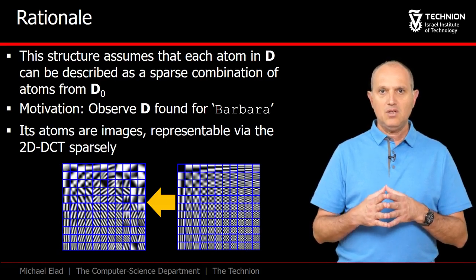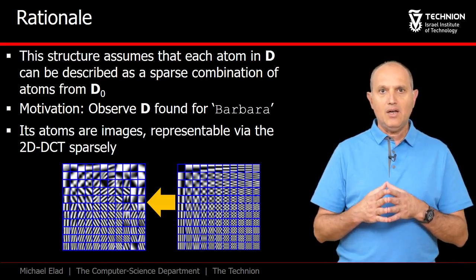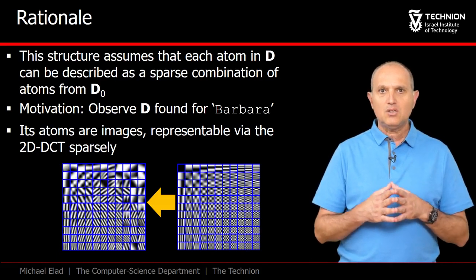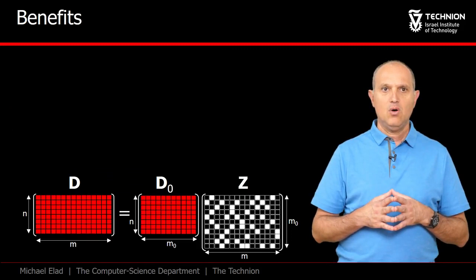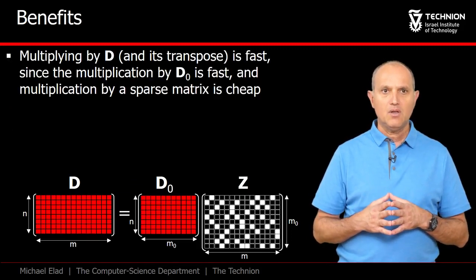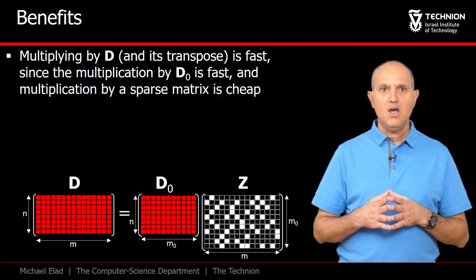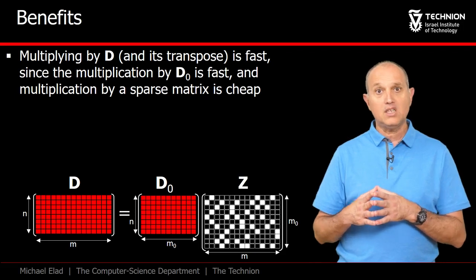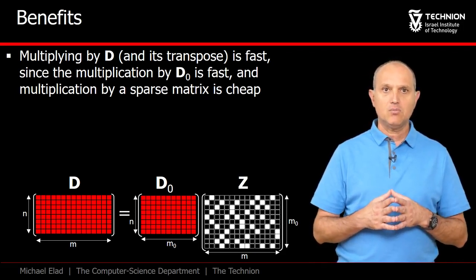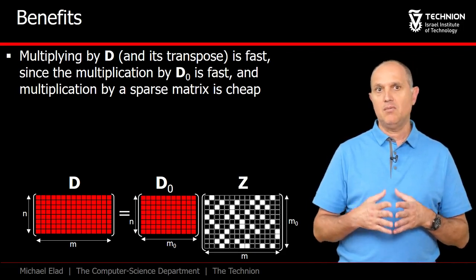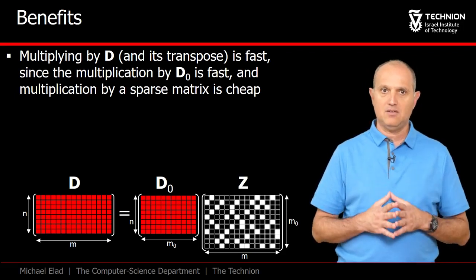So the double sparsity idea relies on the fact that our atoms are themselves sparse combinations of fundamental atoms taken from a transform. Why is this structure so appealing? The first observation we make is that multiplying by D or its transpose as required in pursuit can be done fast, because multiplying by D0 is fast and multiplying by a sparse matrix is also fast.